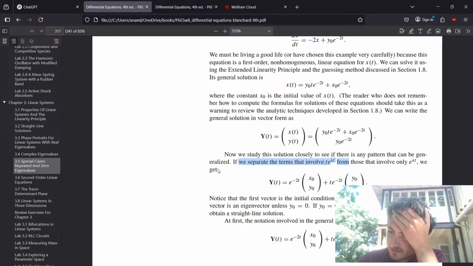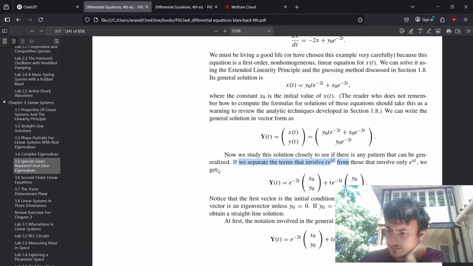Y of t is equal to e to the minus 2t times (c1, c2) plus te to the minus 2t times (c2, 0).